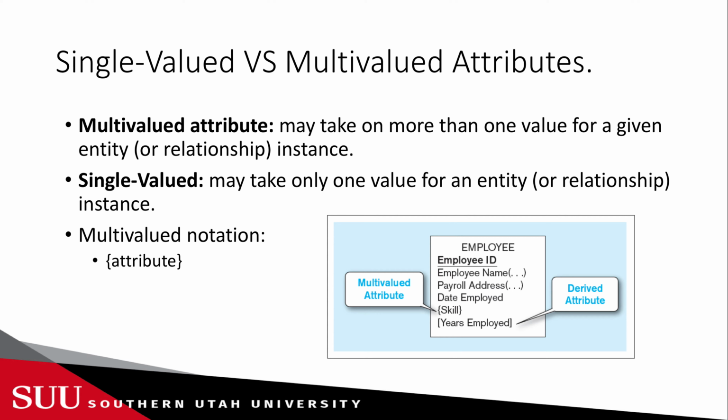Now, a multi-valued attribute is different than a composite attribute. The composite attribute will have meaningful parts that will contribute to an overall attribute. And those meaningful parts do not fall under the same category. So for example, when we look at the address, the street name is not the same as the city name. I mean, not the same category.